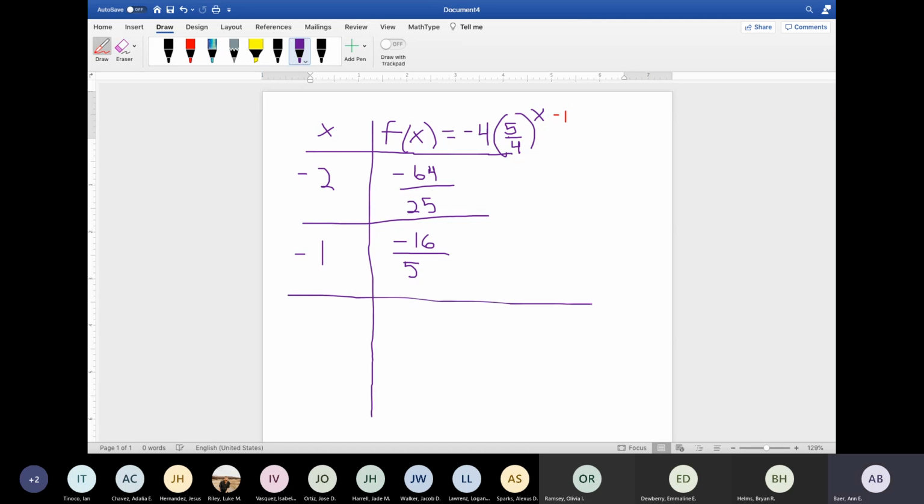Next, we have 0 for x. This time we're going to take out the, oops, I took out the x as well. Didn't mean to do that.